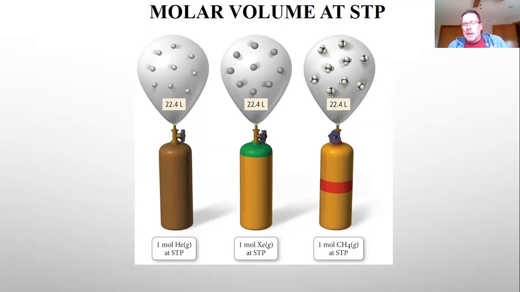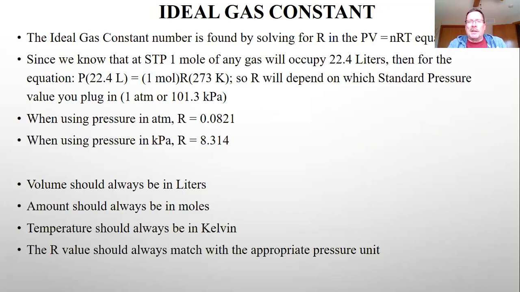Okay. So where does that play into calculating the value for R? Because then you plug into the ideal gas equation the values you know at standard temperature and pressure. Okay. So the volume, 1 mole of gas at standard temperature will always occupy 22.4 liters. Right?